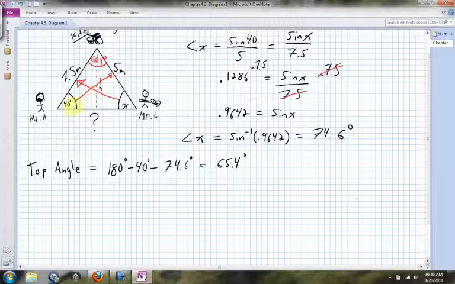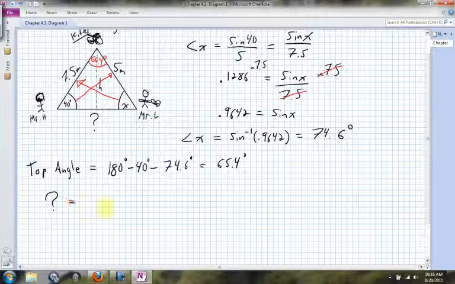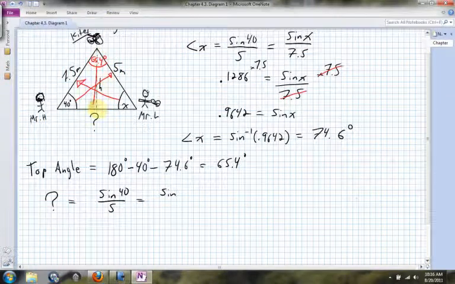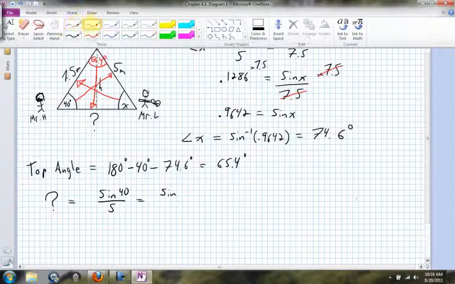So now that I have the top angle, and at least one of the other ratios of angle and side, I can again use the sine law to solve for the question mark. Sine 40 over 5 is equal to sine, this time using my top angle, because I want the side right across from it.